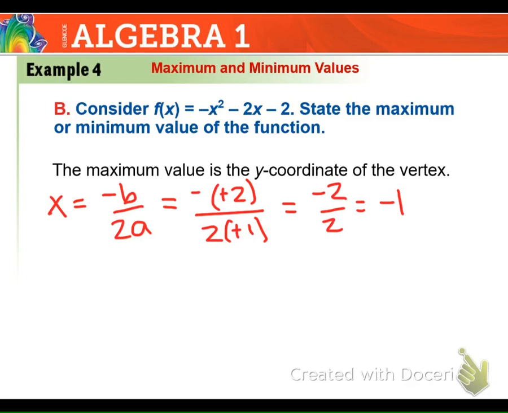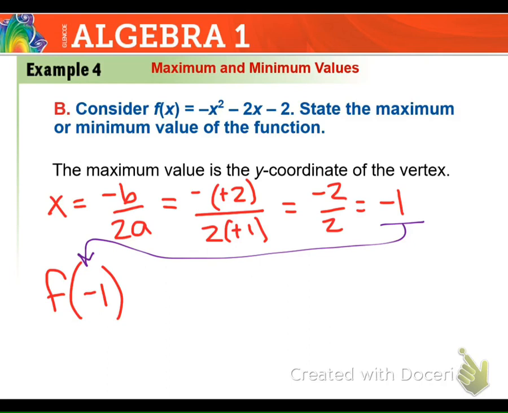Okay, so that's the x value, but I want the y coordinate. That's one thing we did in our table yesterday, but we just didn't do it outside of the table. So to find the y value, I will take f of that vertex value I just found over here. And remember, when I put that number right beside it, that means I'm going to use function notation and plug in. So that means I'm going to have negative of my -1 squared minus 2 times -1 minus 2.